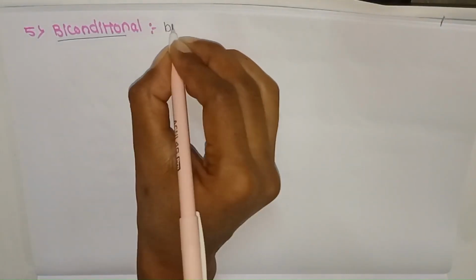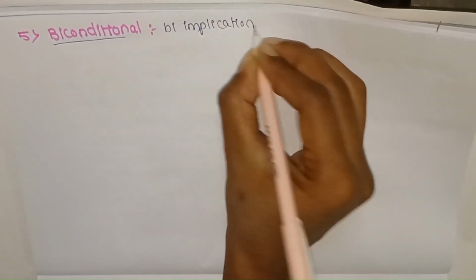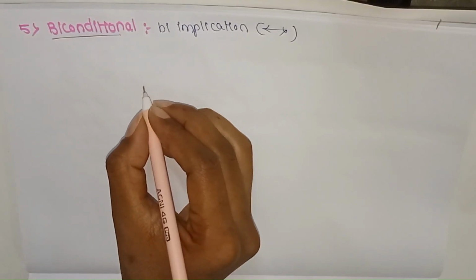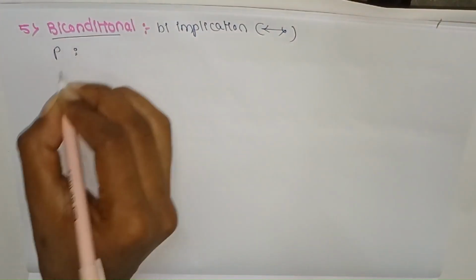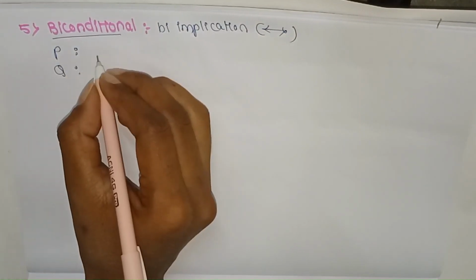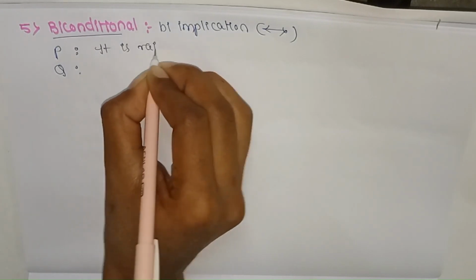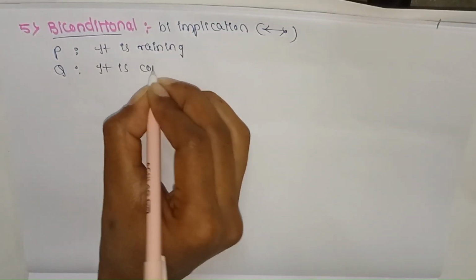And the last one is biconditional. It is also known as bi-implication. It is denoted with a symbol like this. To understand this, let me consider these two statements, P and Q. P statement is it is raining. Q statement is it is cool.